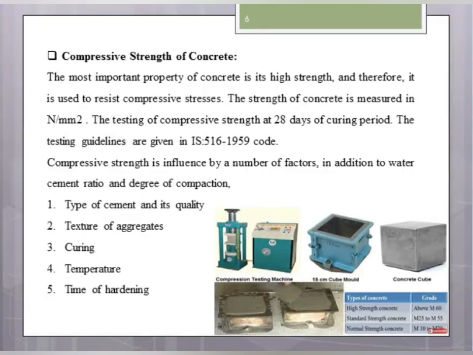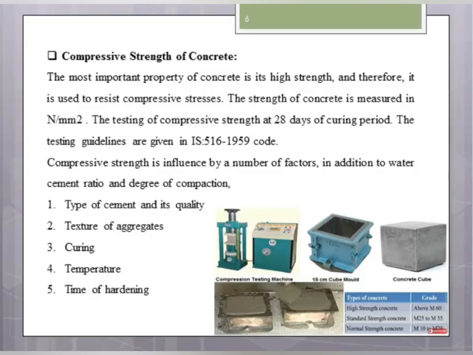Whatever load comes on the cube's top surface, that load is divided by the cross-sectional area of the element. If it is a cylinder, then the circular surface area is used, and if it is a cube, then the square surface area. So load upon area is your stress.